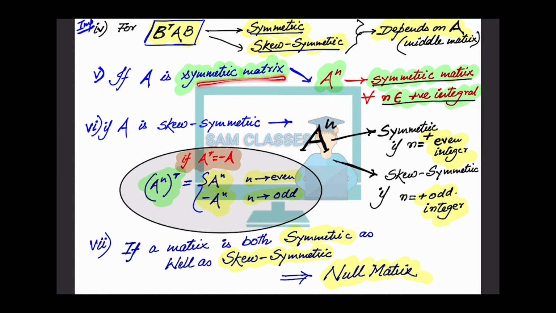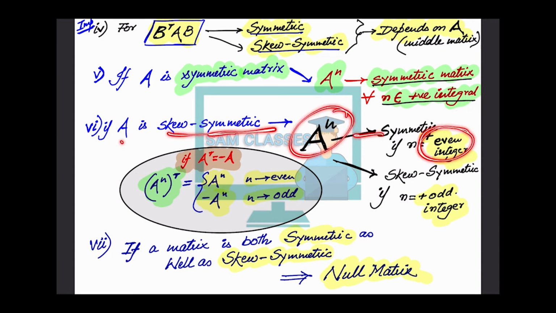Now, if A is a symmetric matrix, then A power n will be symmetric if n is an integer, positive integers like 1, 2, 3. Clear? If A is a symmetric matrix, A power n will be symmetric, students, for all positive integers.